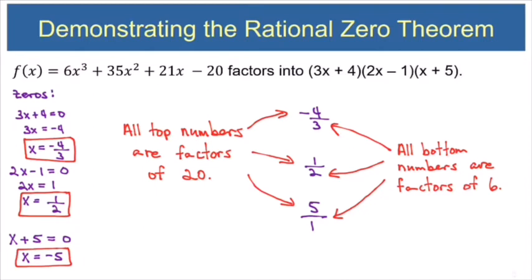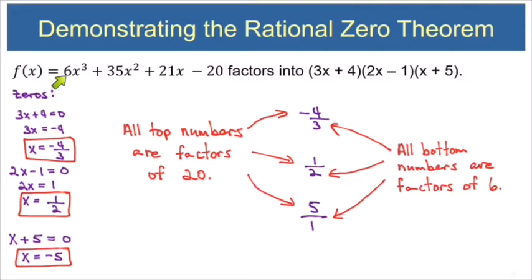Now, what good does the rational zero theorem do us? Well, it just helps us build a list of possible rational zeros. So, for example, if we were asked to find the zeros of this polynomial, but we didn't have a zero to start with and we didn't know the factors, then what we could do is generate a list of potential zeros by listing all the factors of the constant and all the factors of the leading coefficient.